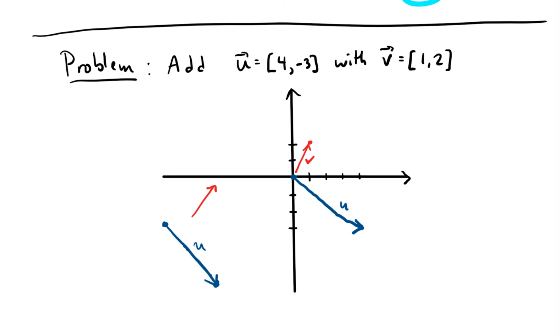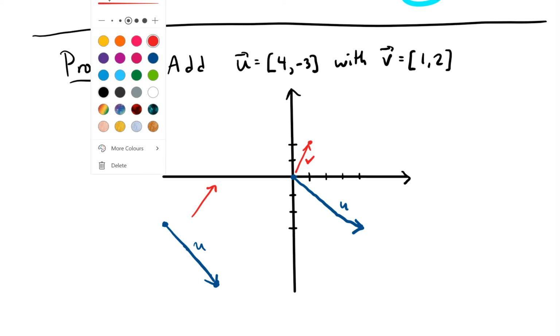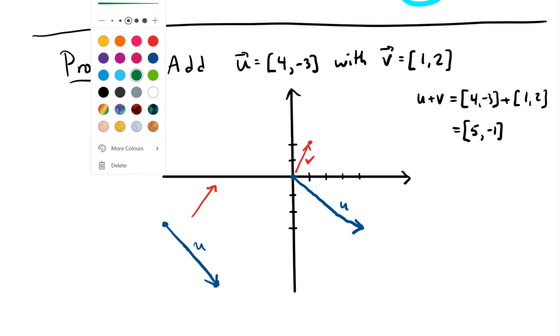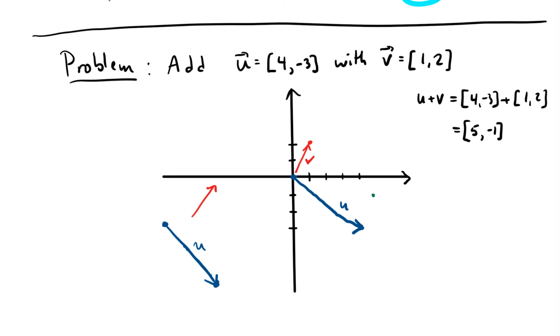Okay, now I'm going to use an algebraic approach because it's so much easier when we have vectors in coordinate form. So if I want to do u plus v, all I need to do is write down the coordinates and add everything component-wise. So 4 plus 1 is 5, and minus 3 plus 2 is minus 1. So I will end up with the vector 5, minus 1, which is right there.